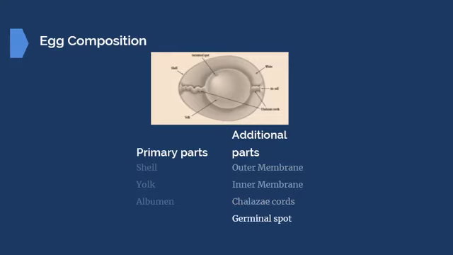The germinal spot is the little spot of red on the egg yolk, which is typically where reproduction would happen with the chicken if it were to germinate and actually be a full-blown chicken. In most cases, it's not.